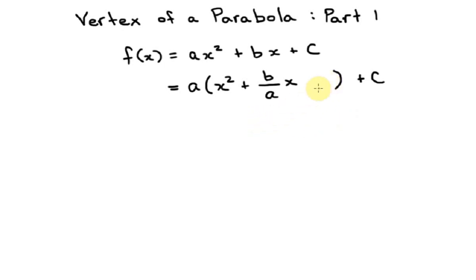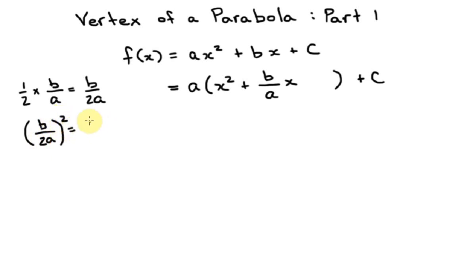Now I want to complete the square. So over here, let's have a little look. We need half of b over a. Okay, so half of b over a, which is b over 2a. And we want to take that and square it. Okay, so b over 2a squared.